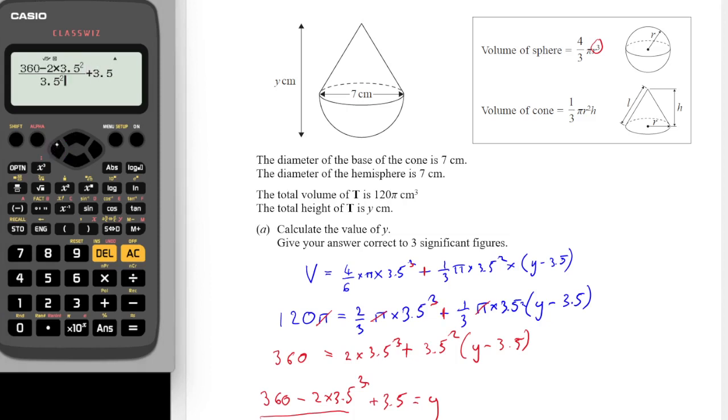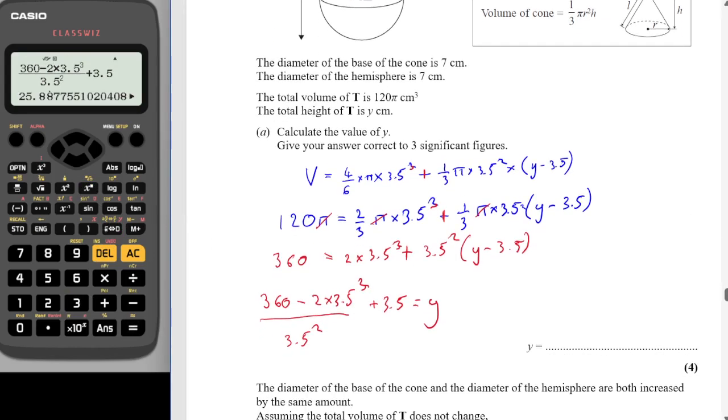So my last calculation, if we put 3 there, that would correct it. Yeah. So that gives me y is going to be equal to 25.87755... So to 3 significant figures, that's going to be 25.9. And I've not rounded at any point, so that should be accurate.